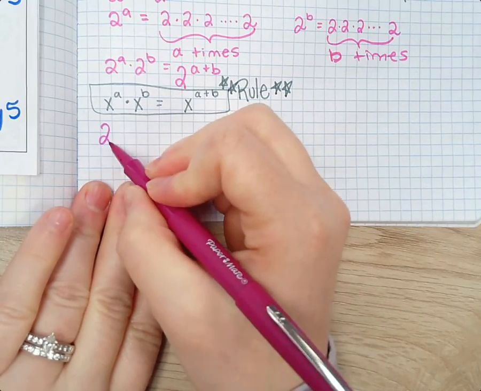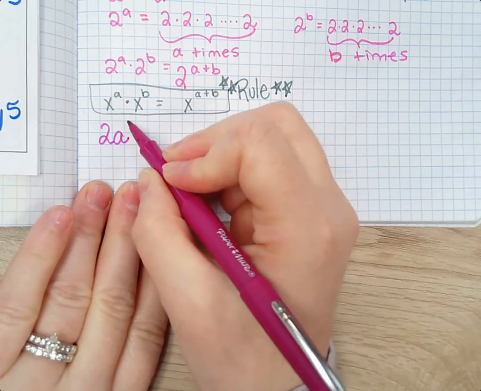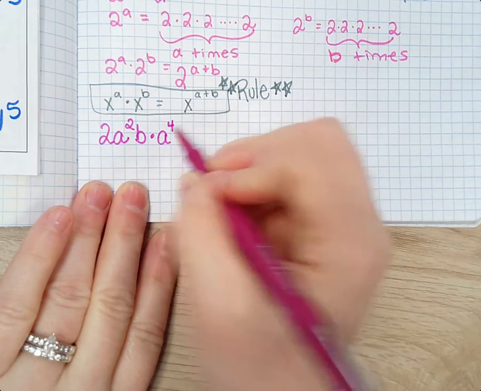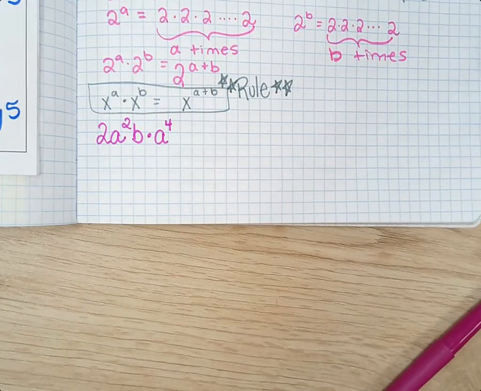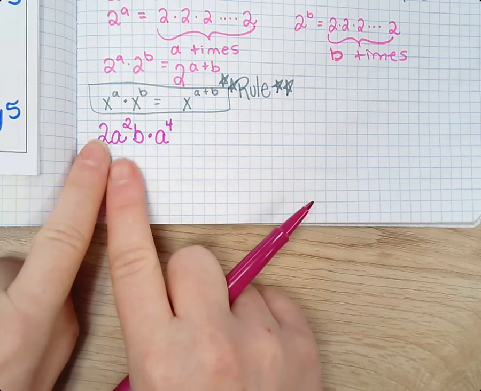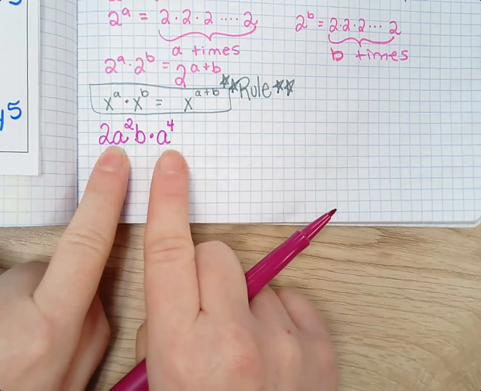All right, we're going to do 2a squared b times a to the 4th. So we have been just simplifying when you just have 2 numbers. Well, now we have a number and then an a and a b.